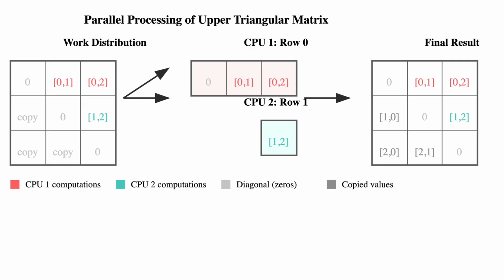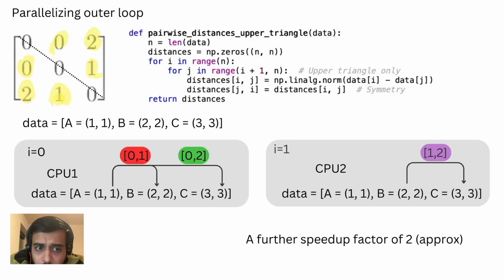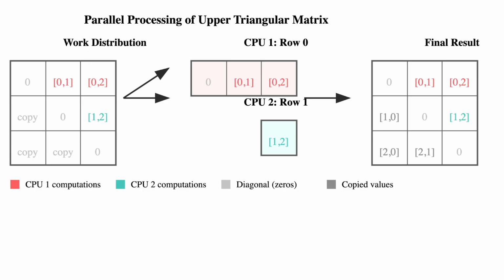For example, CPU 1 would compute i equal to 0, where we have the distances (0,1) and (0,2), and CPU 2 would compute the distance between 1 and 2 for i equal to 1. By this we would have completed all the elements of the upper triangular matrix. By splitting the rows across multiple CPUs, we divide the workload evenly, ensuring that all computations remain independent. We can still use the symmetry of the matrix to copy the upper triangular values into the lower triangular values, as I show here in the function.